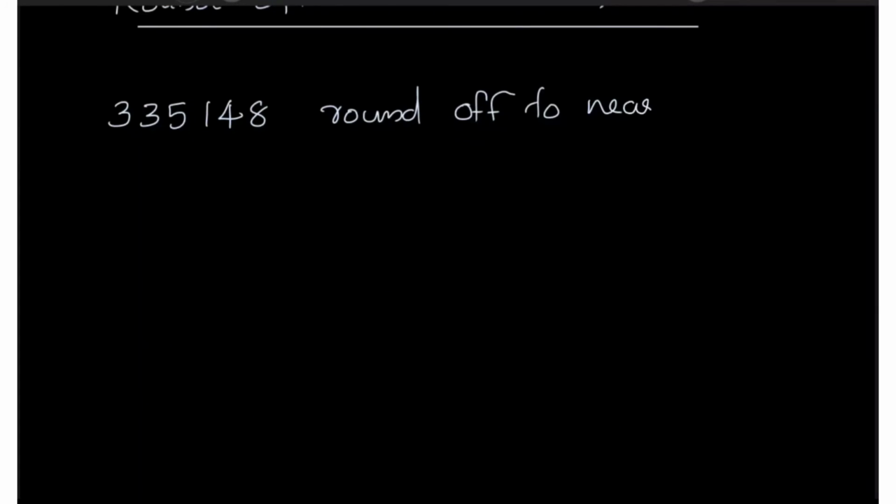And here one more question, again rewriting the same number, rounding off to nearest 10,000. That is our question. So we can rewrite the number and put the place value.